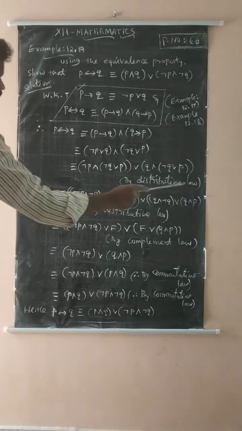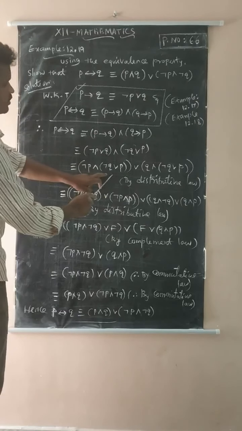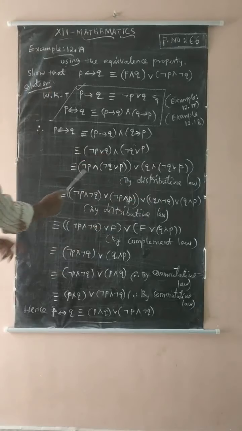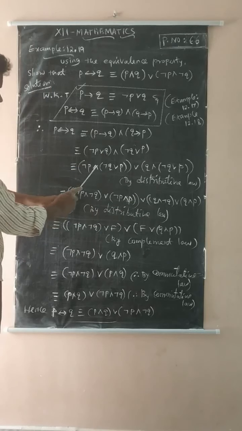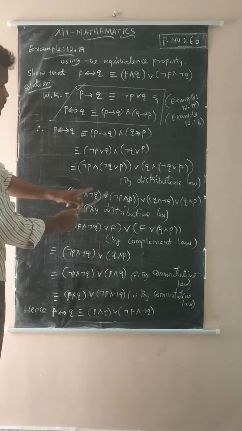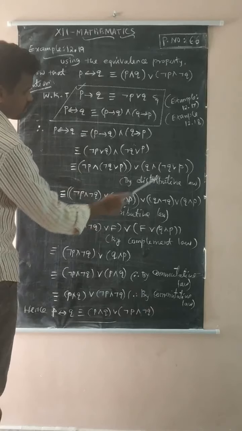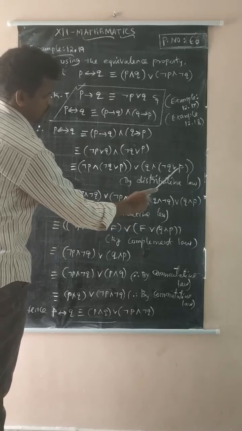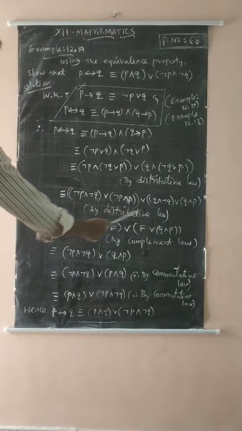Next we use the distributive property. Negation P and the brace, or Q and the brace, by the distributive property. Again use the distributive property here: negation P and negation Q, or negation P and P. And the next, Q and negation Q, or Q and negation P. Again we use the distributive property.